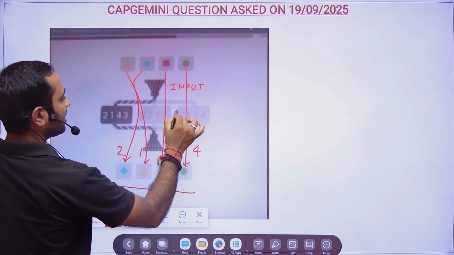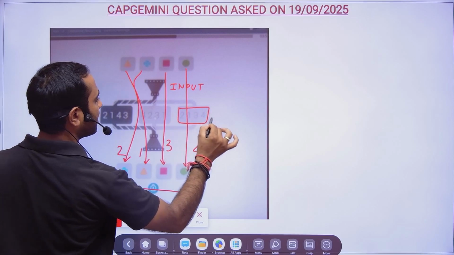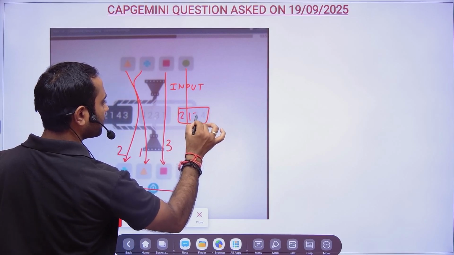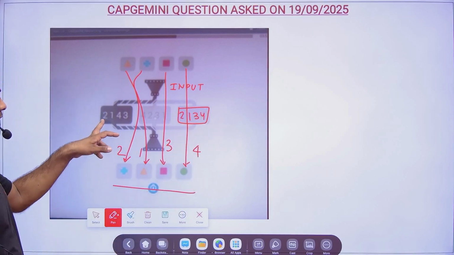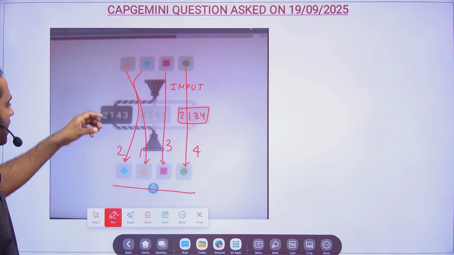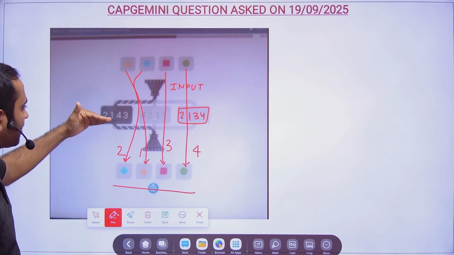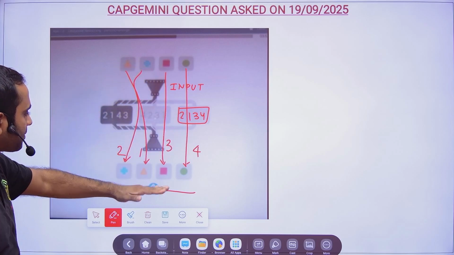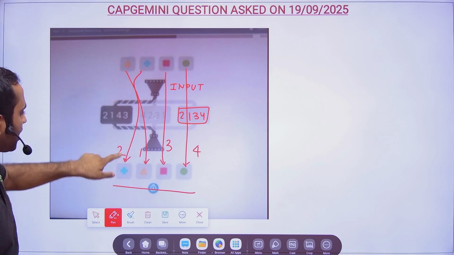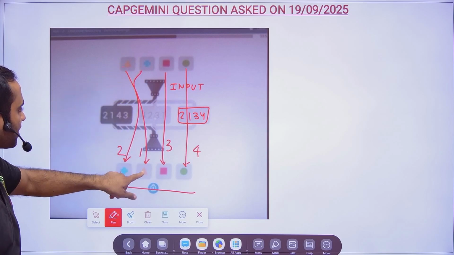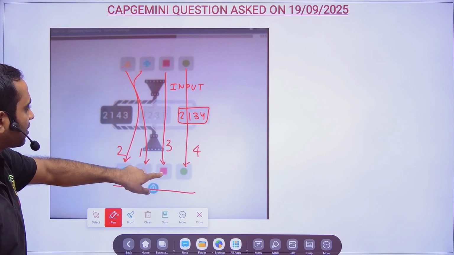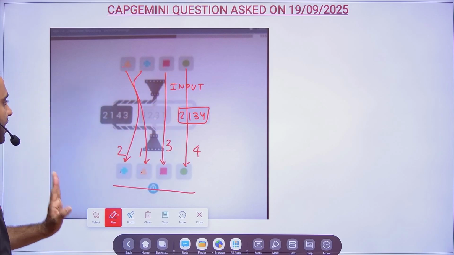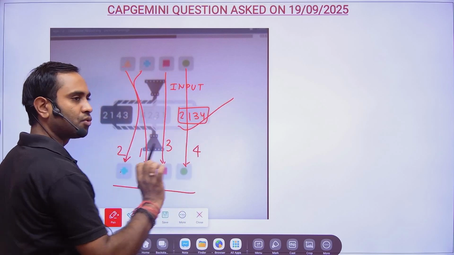So definitely you have to select 2, 1, 3, 4. Now by mistake one of the students has selected 2, 1, 4, 3. No. See, this input basically shows how you have taken this output. The second one you have brought to the first place, the first one to the second place, the third one is at the third place, the fourth one is at the fourth place. So your answer, you had to mark it 2, 1, 3, 4.